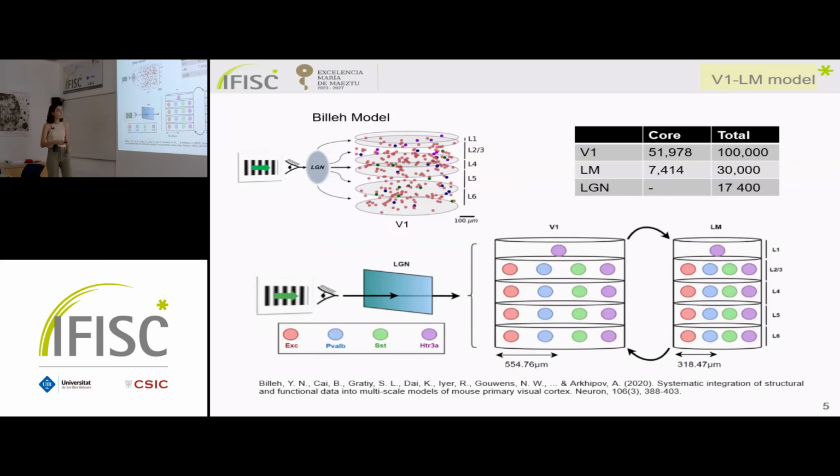So having said a bit about the model, now I move to explain the methodology and the results that we obtain. I will start with the response latency. The response latency is the time that a neuron takes after a stimulus has been presented to emit its first spike. We will do this measure with white and black flashes. For this analysis, we will only take core neurons. The core is the inner part of each column.